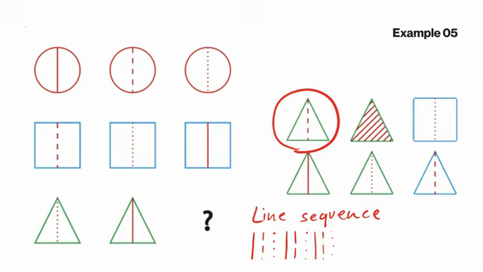Now we know that it will probably be a triangle, because as you can see, the first row has only ellipses, then we have squares, and then we have triangles. So it's a triangle, and it's the green one because the rows follow colors.